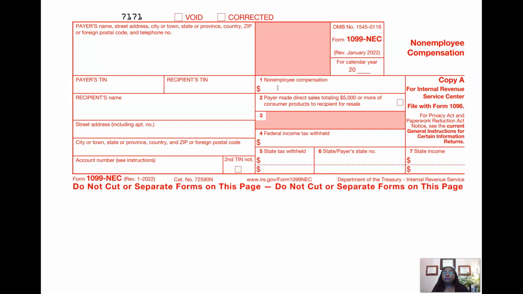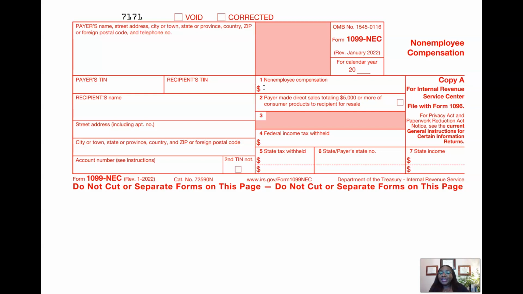Now, if you run your business out of your home and you did work on part of your home that is exclusively used for business, then you may need to issue a 1099 to a contractor that did work for you. But this is for traditional small businesses that hire people to do odd things that are not employees, which means you're not supervising them.